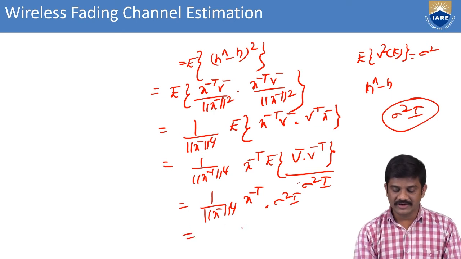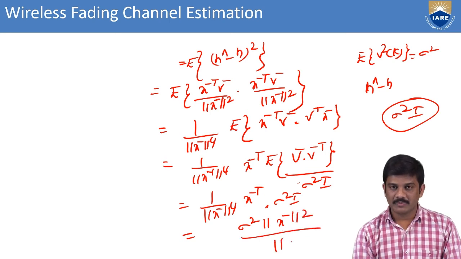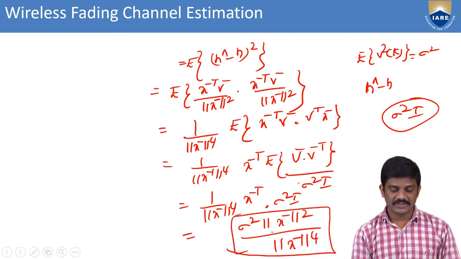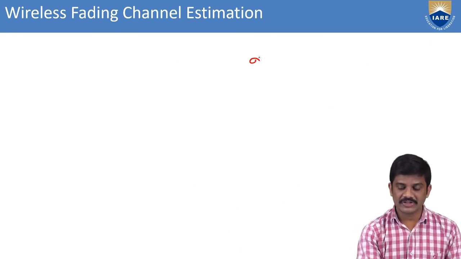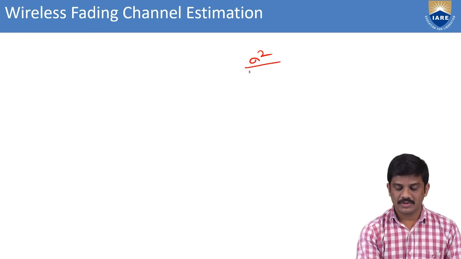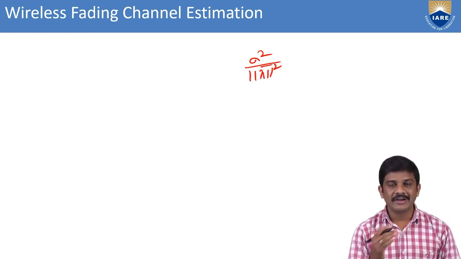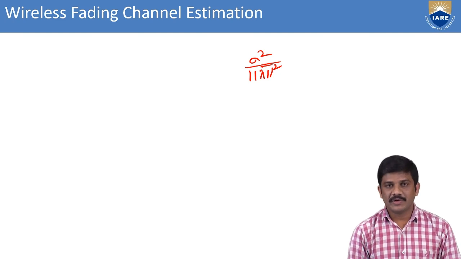Then in total we can write sigma square x bar whole square by mod x bar whole power of 4. This is our required variance. Finally we can write sigma square by mod x bar whole square. This is our maximum likelihood variance.